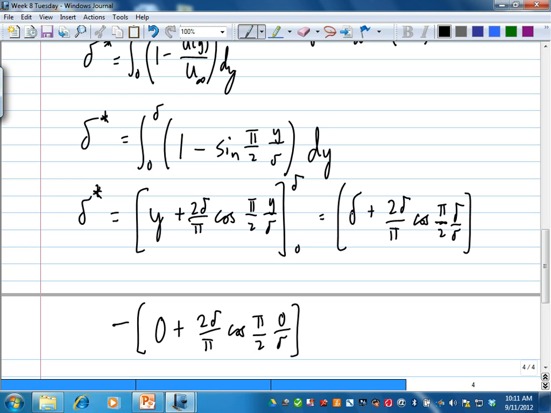The first part is del, since cos of del over del is 1 and cos of pi over 2 is 0, so nothing is left and this is just del. The second one is 0, don't worry about that. Then 2 del over pi, cos 0 is what? So minus 2 del over pi.